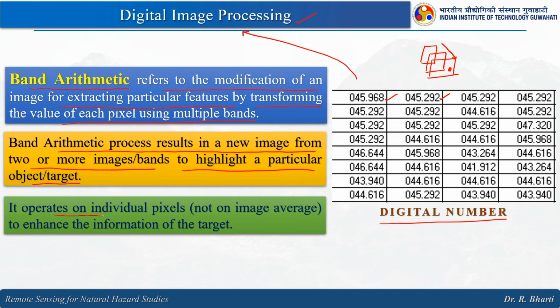It operates on individual pixels, not on the image average, because if the image is, let us say, 1 kilometer by 1 kilometer, and we use a global operator, then the entire 1 kilometer by 1 kilometer would have only one object of that size, which is not feasible, not practical, right.